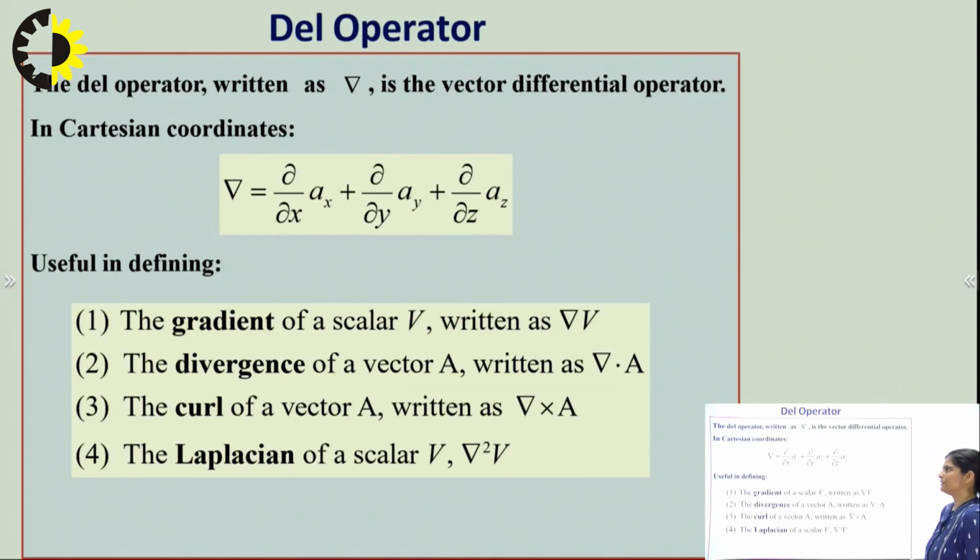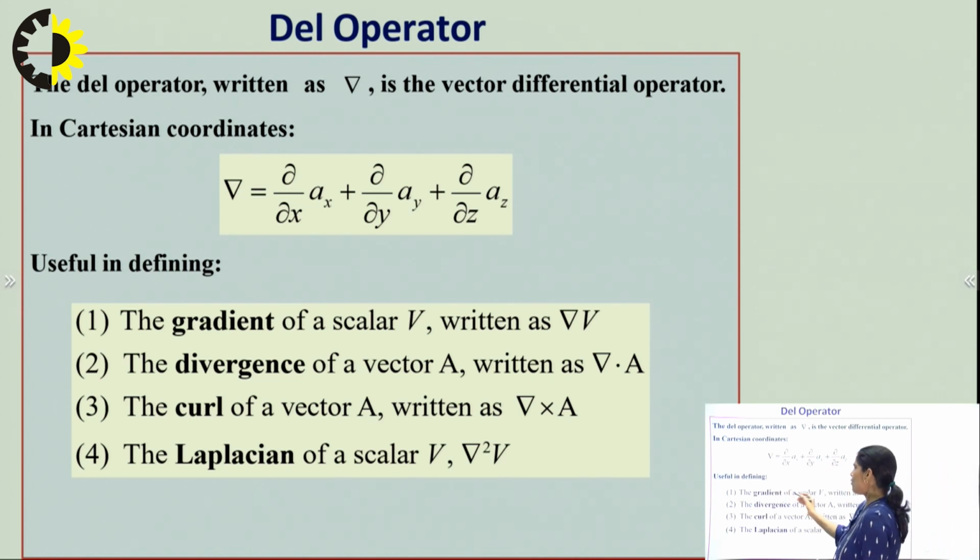Now del operator. So del operator is written in this form. This is the vector differential operator. In Cartesian coordinates, you can write it like this: del is equal to del upon del x unit vector of x plus del upon del y unit vector of y plus del upon del z unit vector of z.